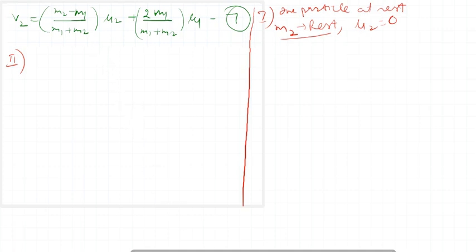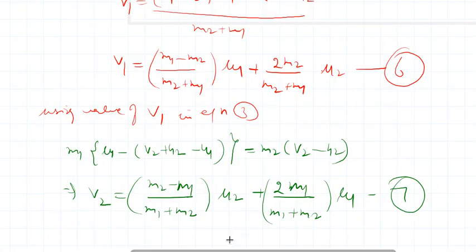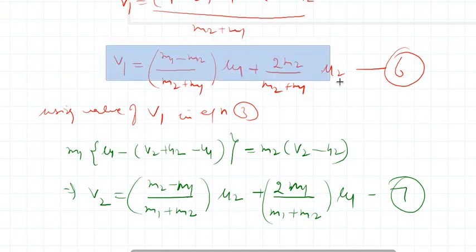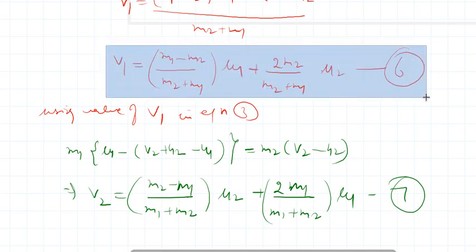and let me do one thing. I will bring here the 6th equation also. So let me copy it, and bring this towards the next slide.